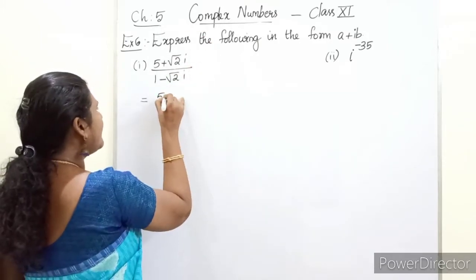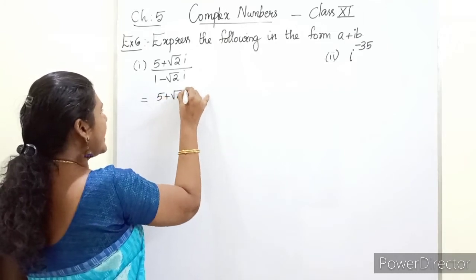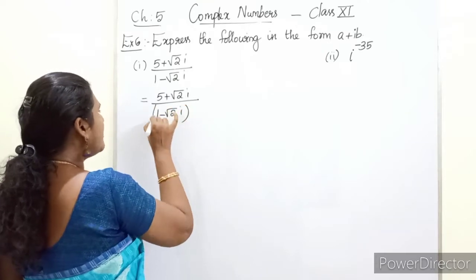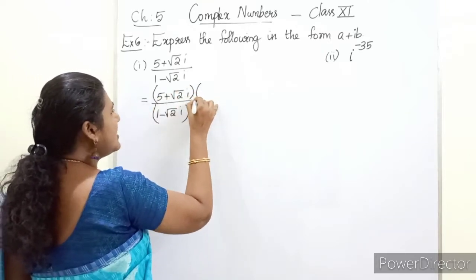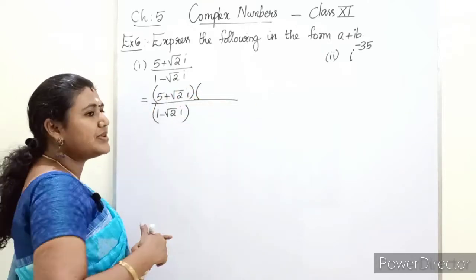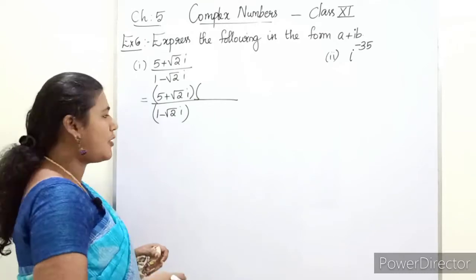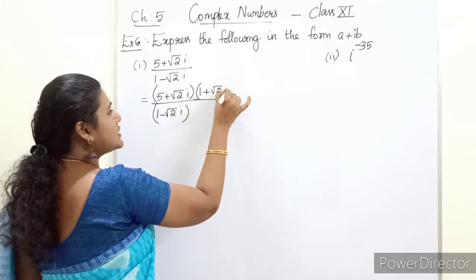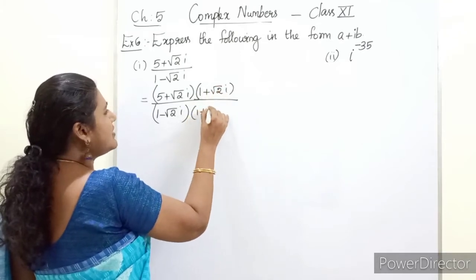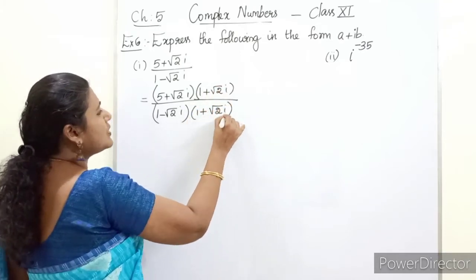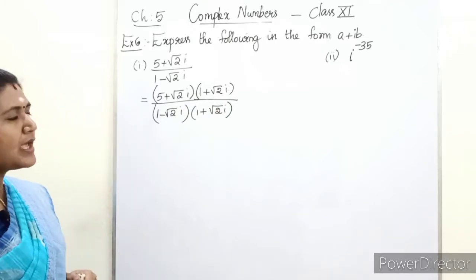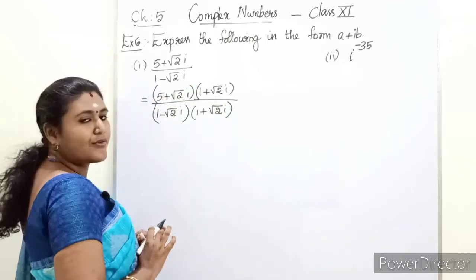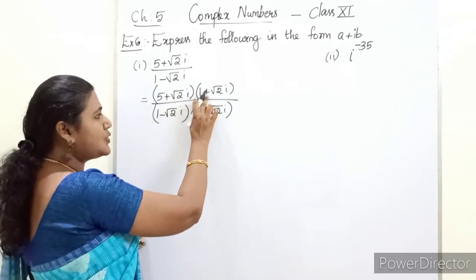So we will write 5 plus root 2i divided by 1 minus root 2i. Both numerator and denominator we are going to multiply with the conjugate of the denominator. So what is the conjugate? 1 plus root 2i. So 1 plus root 2i we are multiplying in both numerator and denominator. Now in the numerator we will just multiply the two complex numbers.